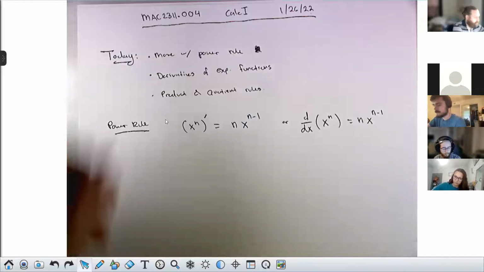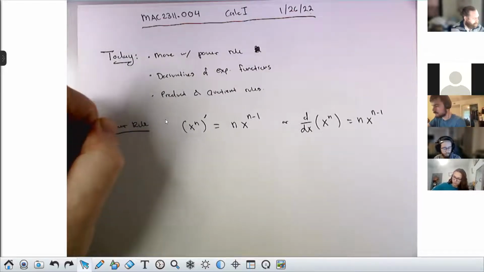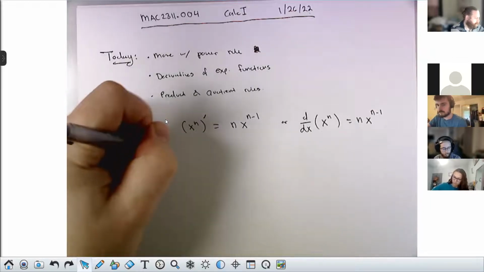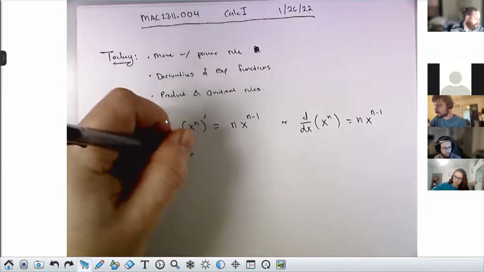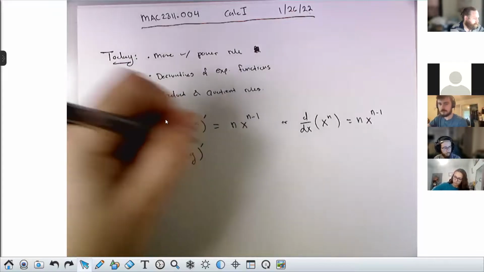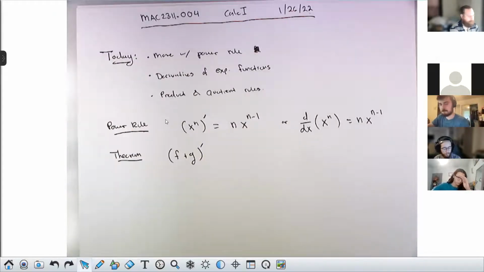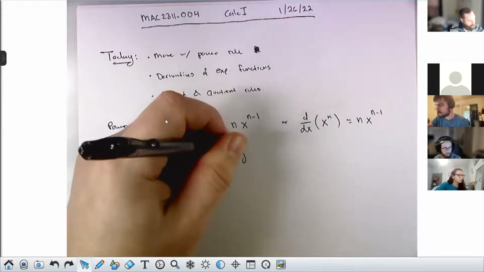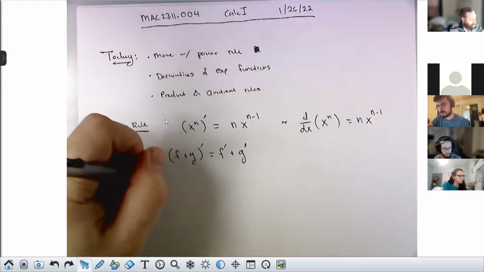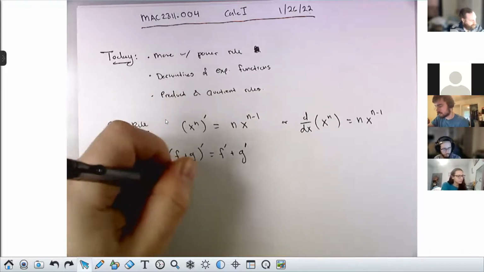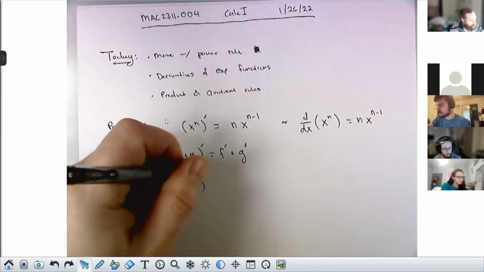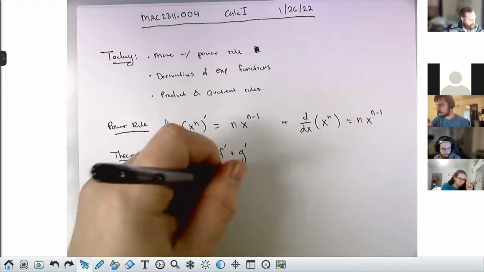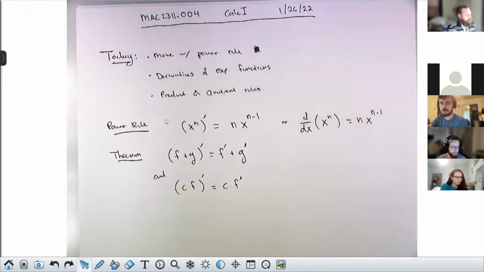The other big theorem last time, and I'll use the same sort of notation here, said that if you have f plus g and you want to prime that whole thing, this is f prime plus g prime. And if you have a constant times f that you want to differentiate, that is just the constant times f prime.